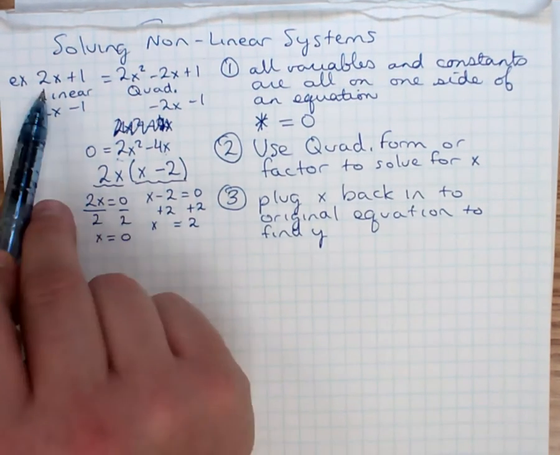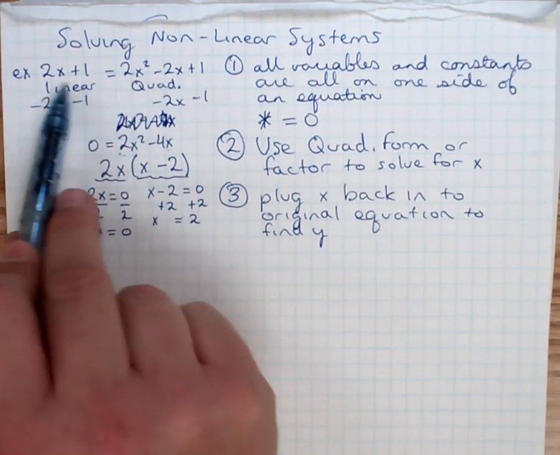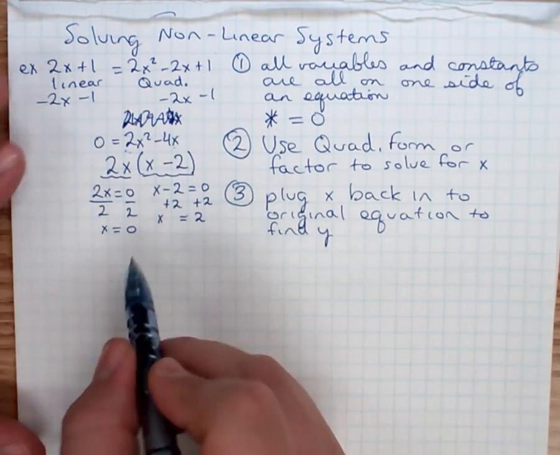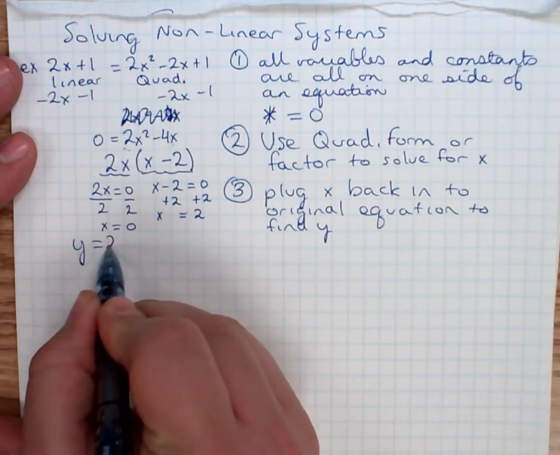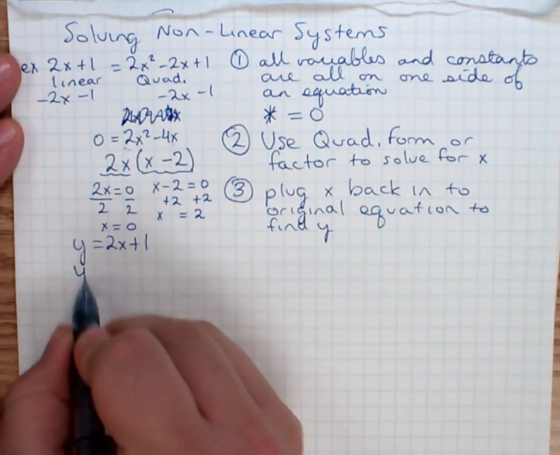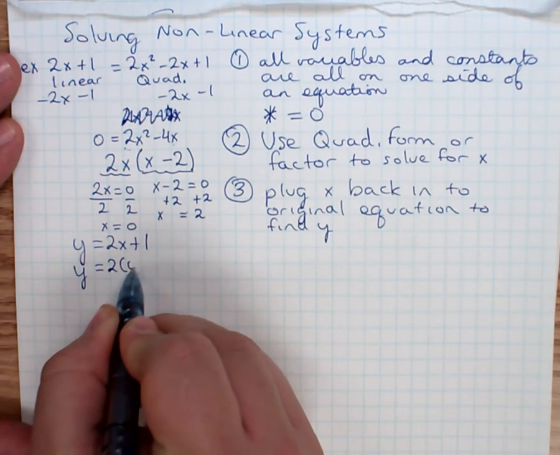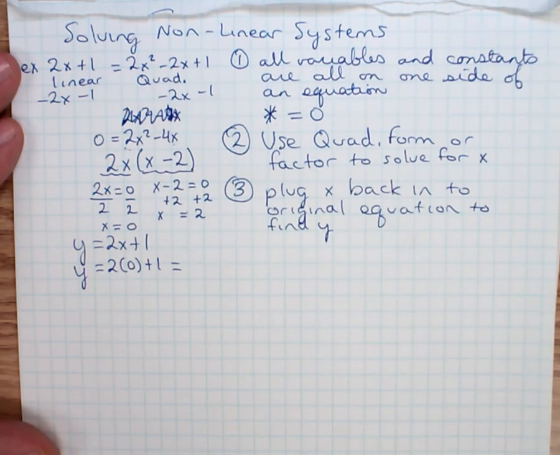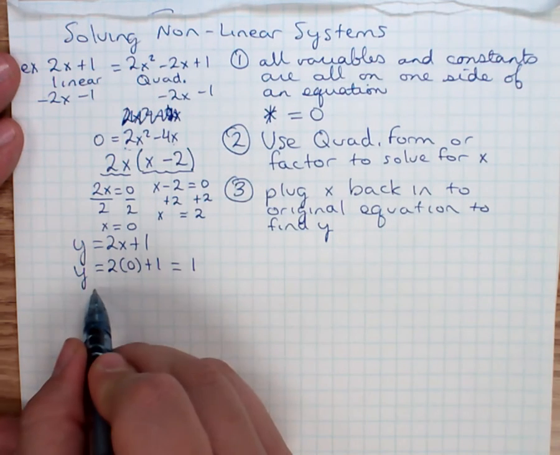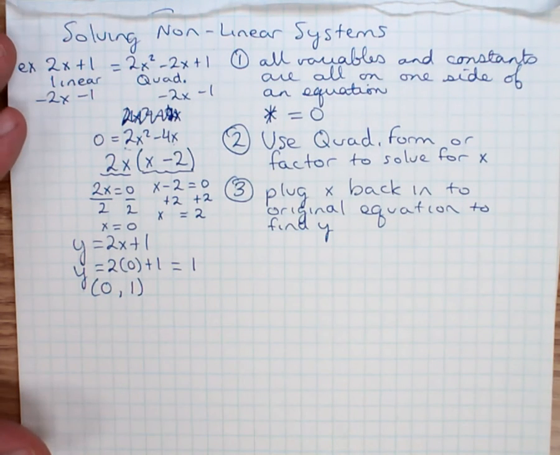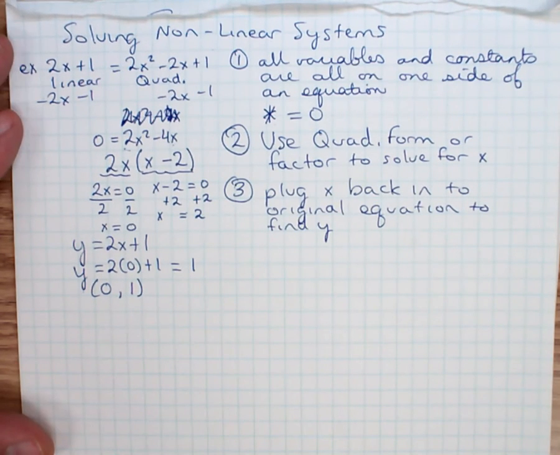So of this, which of these is an easier equation of that system? The first one, I would agree. So y equals 2x plus 1, right? If I plug 0 in, I get 1 as a result. So my first solution is 0, 1.